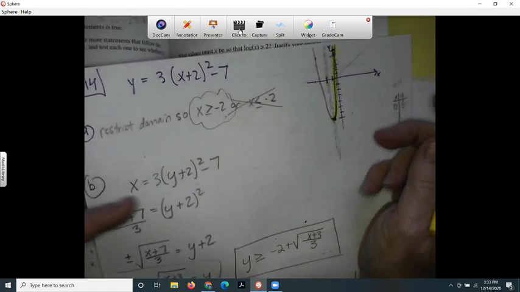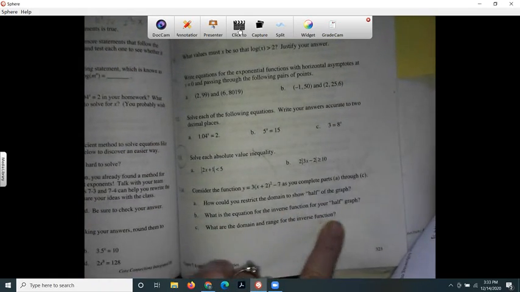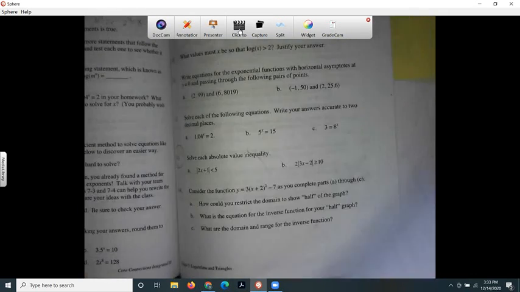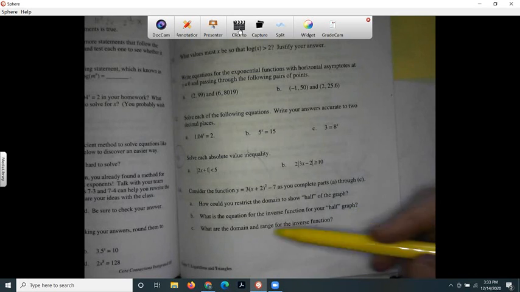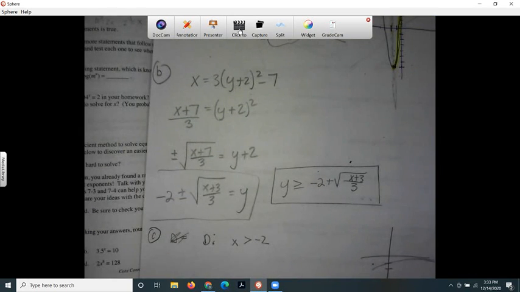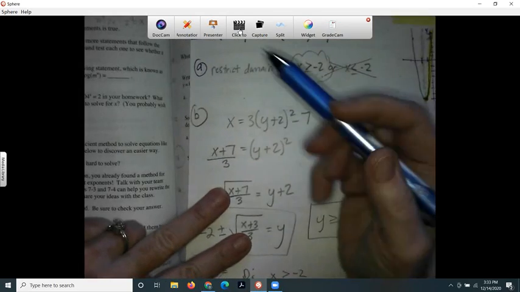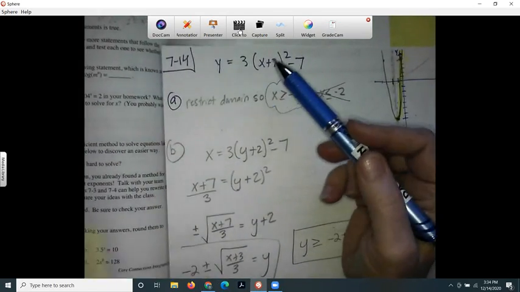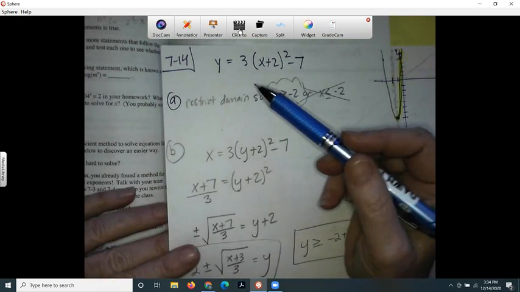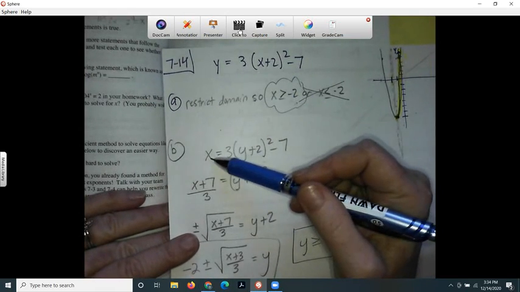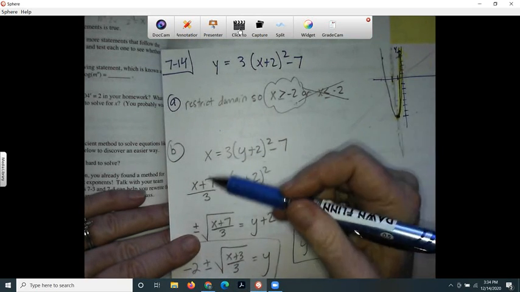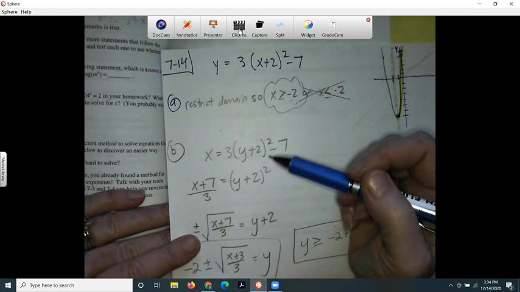And then letter B says, what is the equation of the inverse function for your half graph? What is the equation for the inverse function? So for an inverse function, we know that the y and the x change places. So I put x where the y was and y where the x was, and then I solved the equation for y.